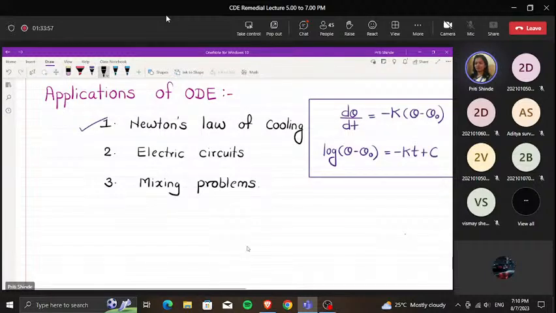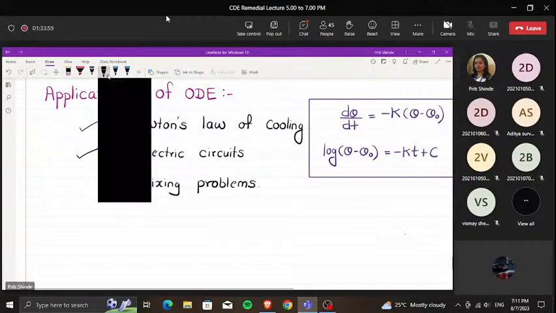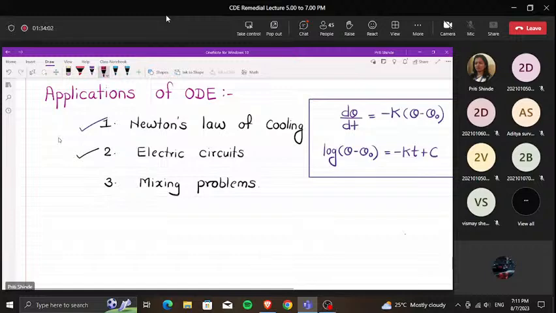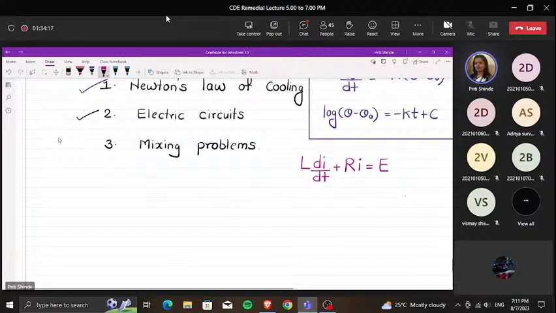So the electric circuit topic is covered. I'm writing here: either you have to use L di by dt plus Ri is equal to E, which is linear in i, or, for a circuit containing L and C, L di by dt plus Q by C is equal to E, where in this case take E as 0.